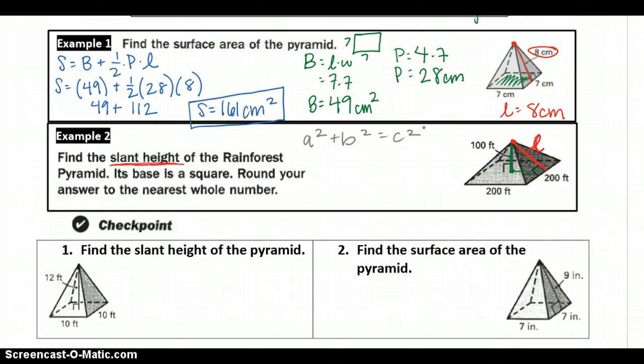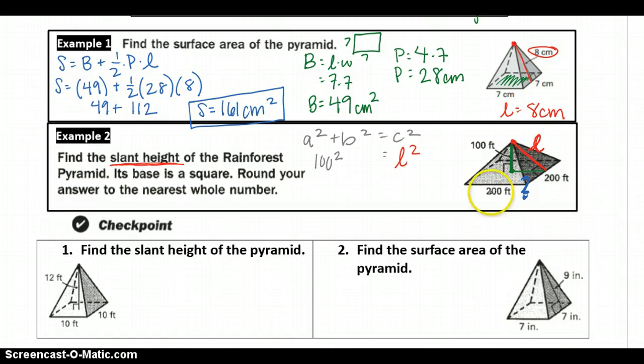L, our slant height, is the hypotenuse of this triangle, so that's going to be used for C. We have that the height is 100 feet, so we're going to plug that in for A and have 100 squared. We also need to figure out what is this distance here, the second side of our triangle.